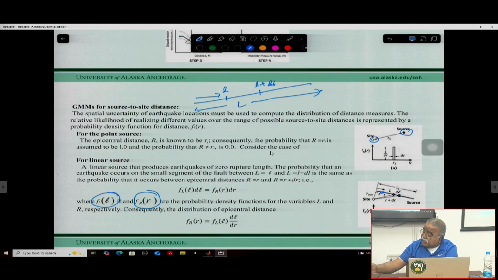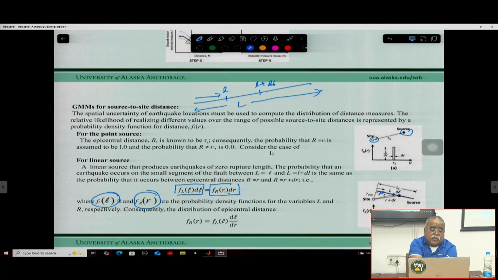So that is equal to R. So if I can say that, then FL(l)dl has to be the same as FR(r)dr. So you can understand the dr: R and R plus dr from L and L plus dl. So it's the probability of this one multiplied by dl has to be the same as the probability of R plus dr, because the earthquake has taken place in between these zones, right?